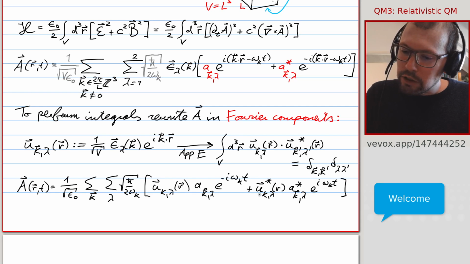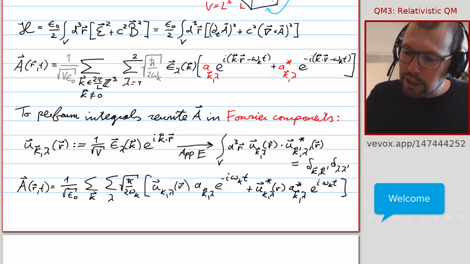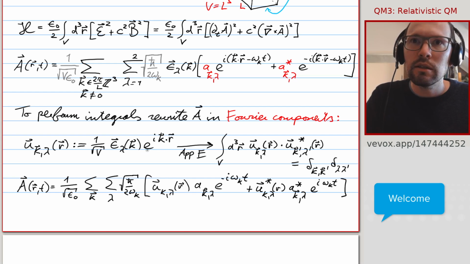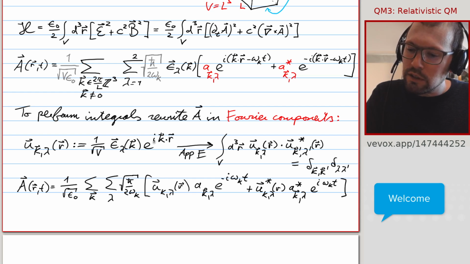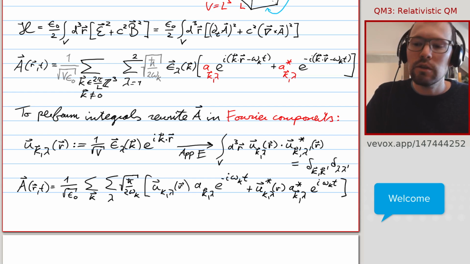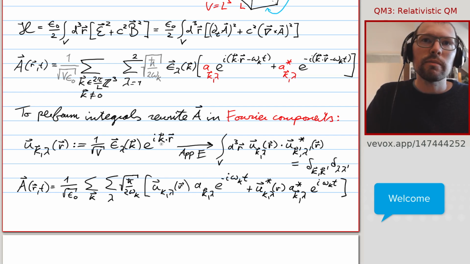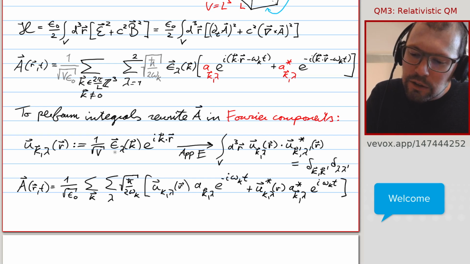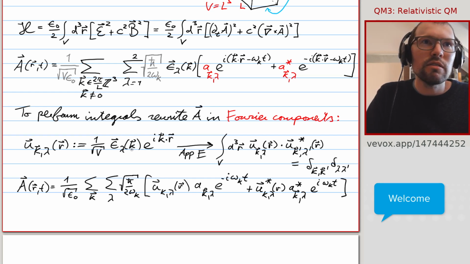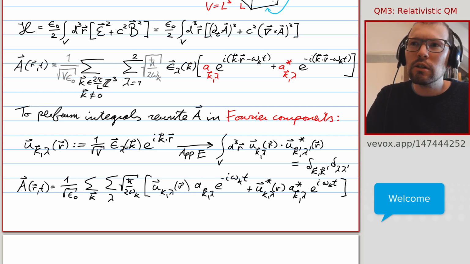Now, what does this complex conjugate do? Well, the only complex factor is the phase. So that is going to change this plus i k·r to minus i k·r. So this is nearly the same as taking this Fourier component with k replaced by minus k. Now that would work fine if I could simply take this polarization factor that had to depend on the wave number and ignore the sign in front of the wave number. But we cannot quite do that.